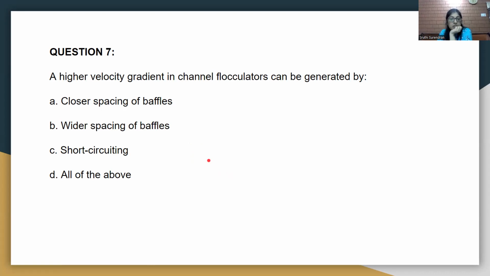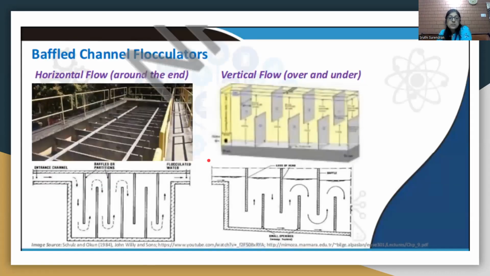Okay, moving on to the answer. Like I said, there are two types of flocculators: baffled flocculators and paddle flocculators. Baffled flocculators make use of partitions called baffles, which help in plug flow.